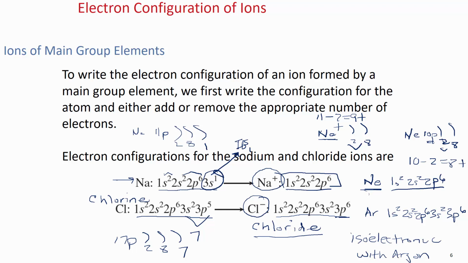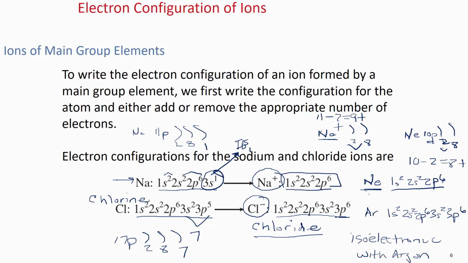Just like up here, we said the sodium ion is isoelectronic with neon. And you go, well, why do I need to know this? Part of it is you need to know that sodium forms a positive 1 ion, chlorine forms a negative 1 ion. They're both isoelectronic with noble gases.